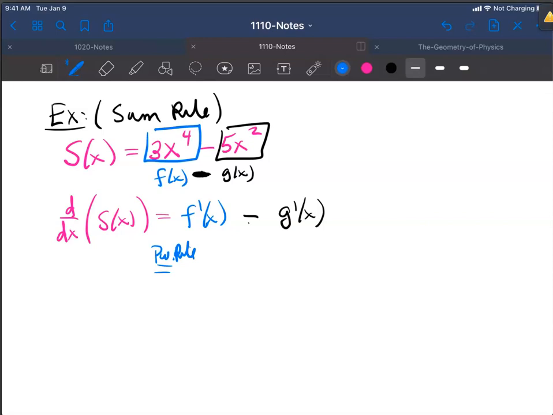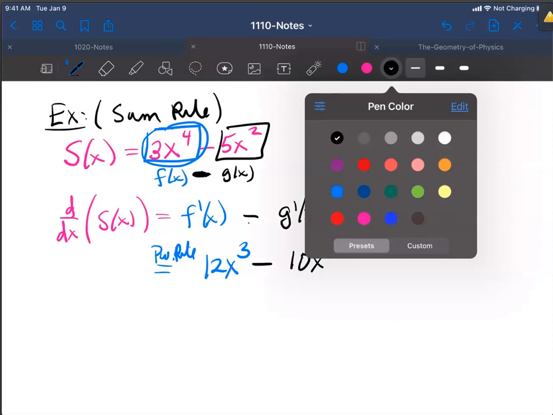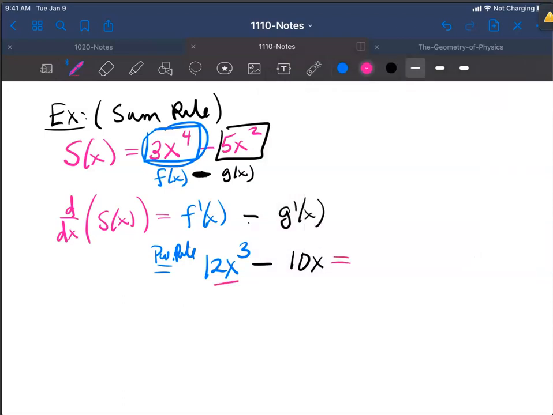The derivative of 3x to the fourth is 12x cubed. The derivative of the other function, 5x squared, is 10x, and we get to subtract those two results. So this function here, right here in the box, is what we call S prime of x, the derivative of the sum function.